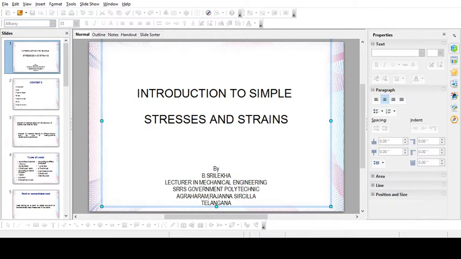So in the entire region of the load affected area, the quantity of the load is the same. Non-uniform means the load varies from point to point in the load affected area, in the distributed area.